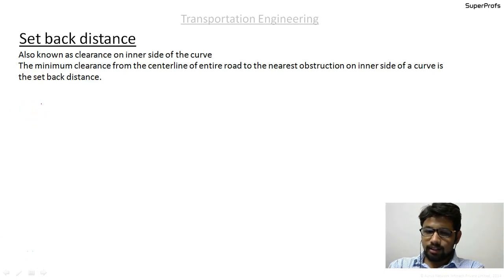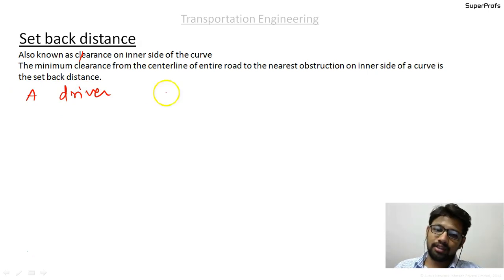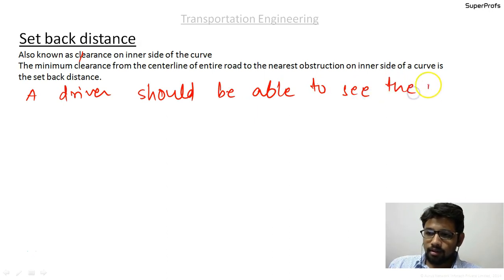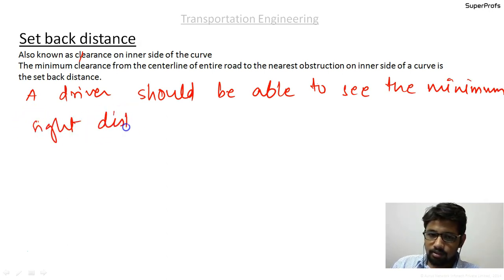Okay, the requirement of highway geometric design, a very stringent requirement, is that a driver should see the minimum required sight distance throughout his journey. The driver should be able to see the minimum sight distance throughout the journey.